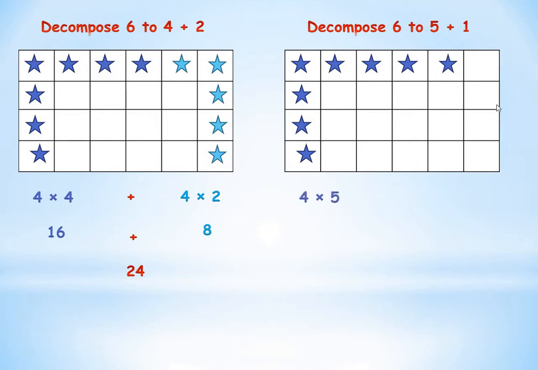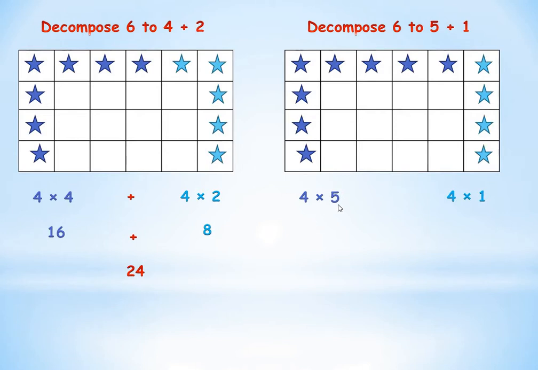Okay, the second part of the array is 1, 2, 3, 4. Don't forget, it's never changed. 4 times what? 4 times 1. To get the area of this array, we add the first part with this color and the second part with blue color.